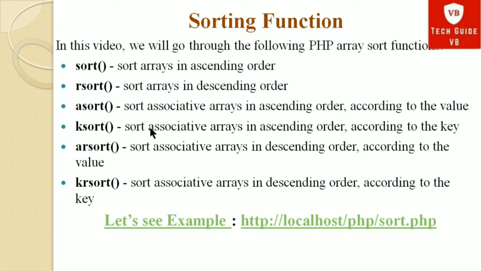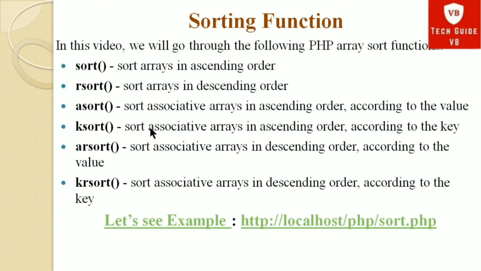The fourth function is ksort. The ksort function sorts associative arrays in ascending order according to the key. So the difference between asort and ksort is that both sort associative arrays in ascending order, but asort works according to value and ksort according to key.